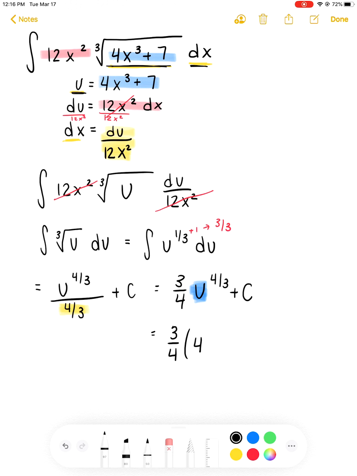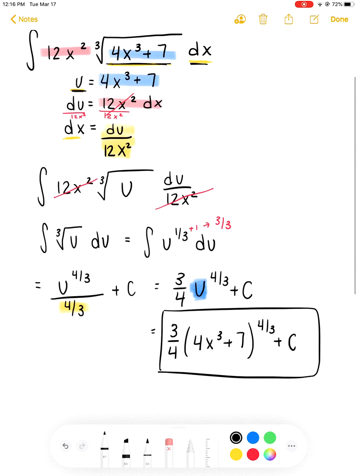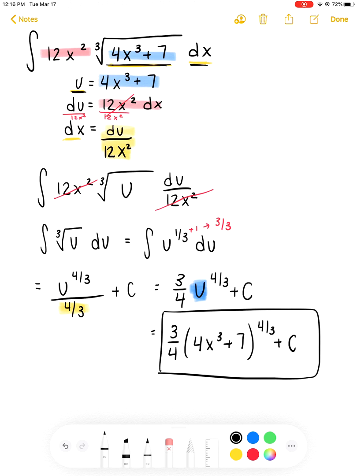Instead of u, I'm bringing back my 4x cubed plus 7, all to the 4/3 power plus c. And that would be my final answer. Now, I'm going to do this anytime I have two functions in my equation, or anytime I just want to simplify my integral so that it's easier to find the antiderivative of.